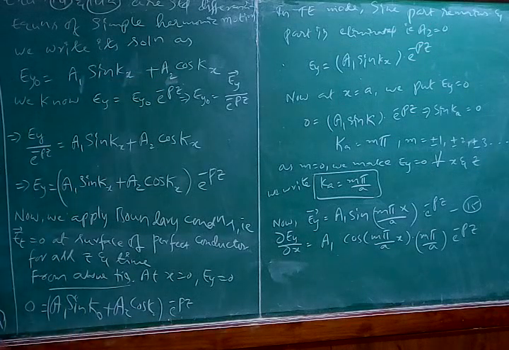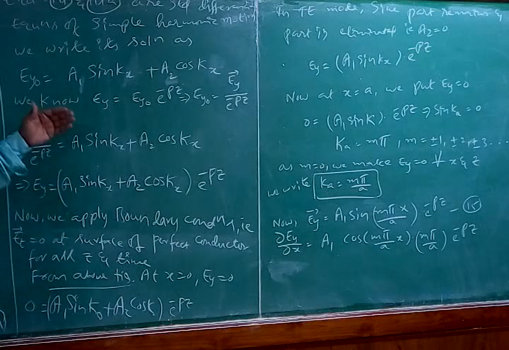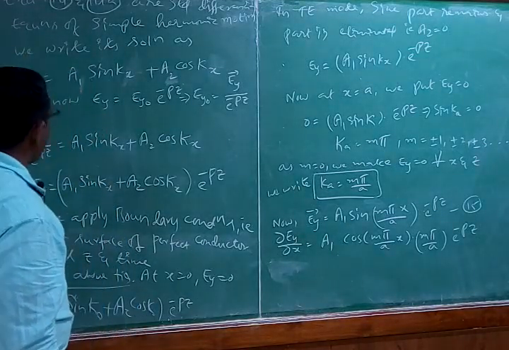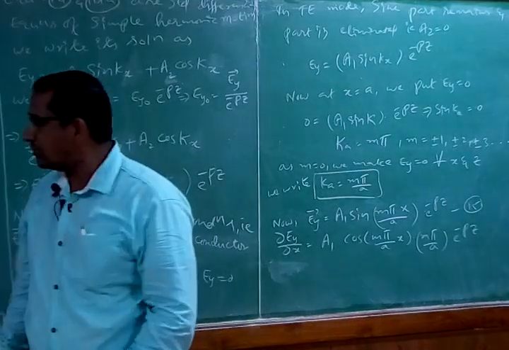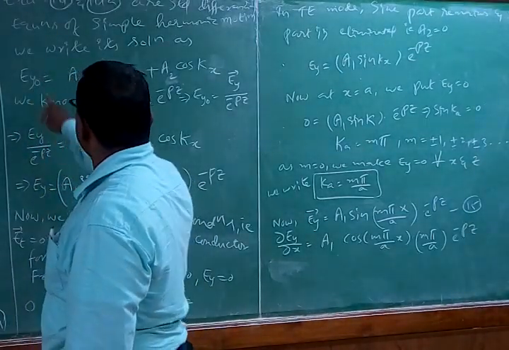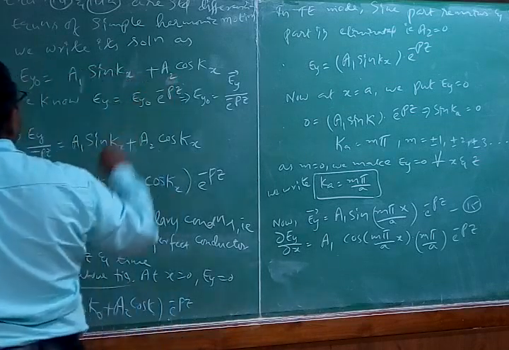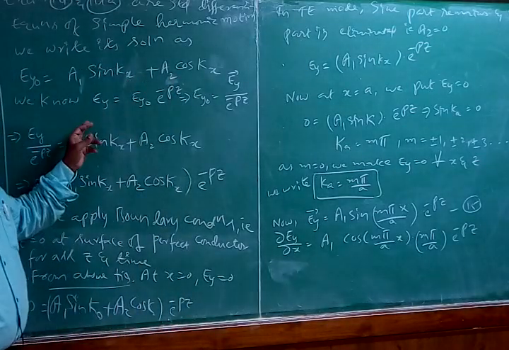So finally we are going to get sine and cos components where A1 and A2 are known as the arbitrary constants or coefficients of the sine and cos components. So this is what we normally get over here. Where is this Ey naught now? Ey naught is equal to A1 sin kx plus A2 cos kx, we normally write, right?